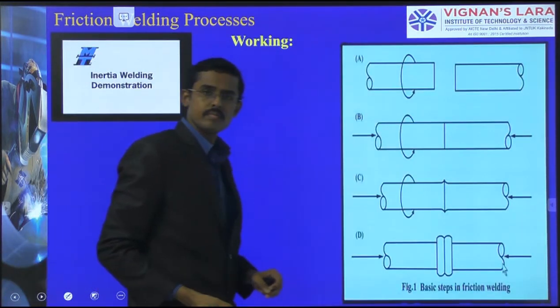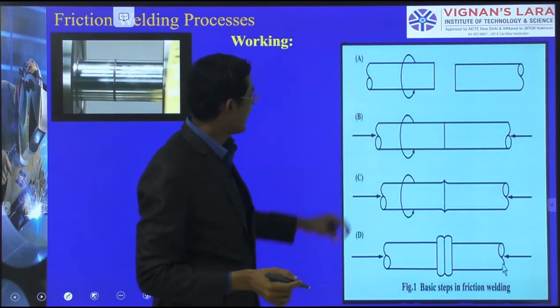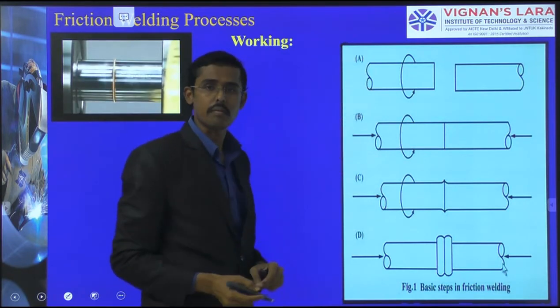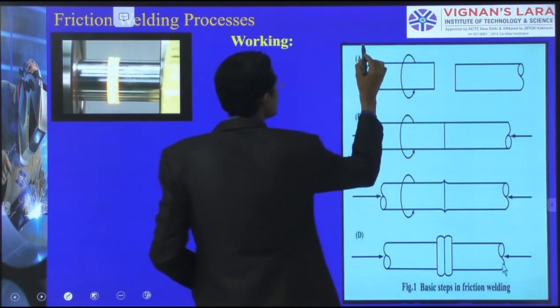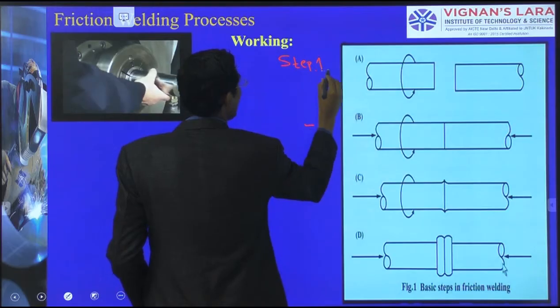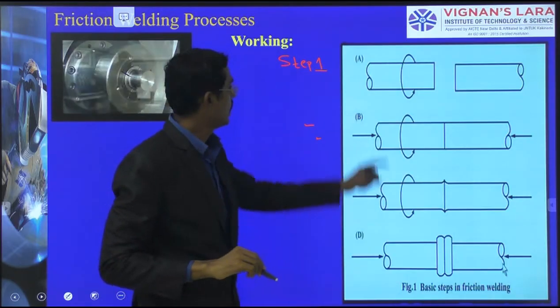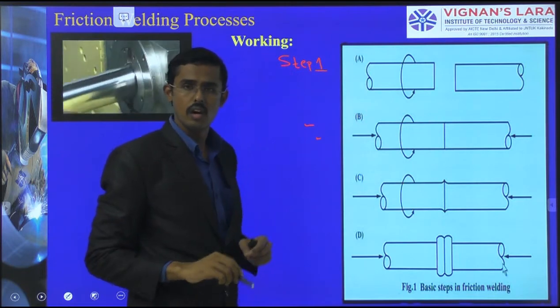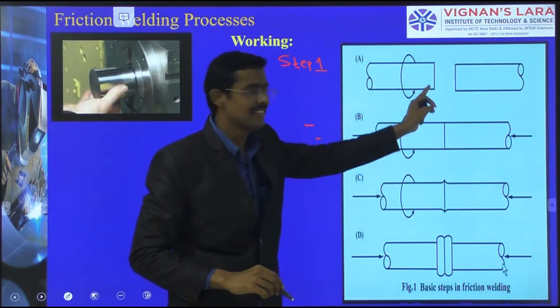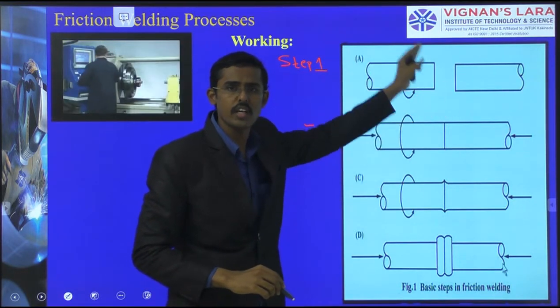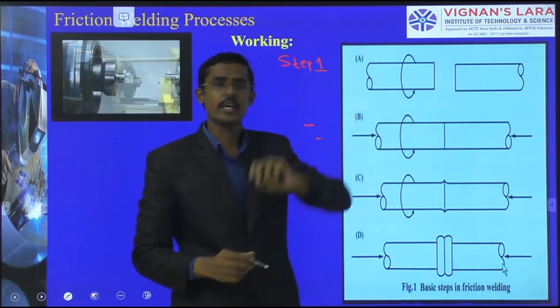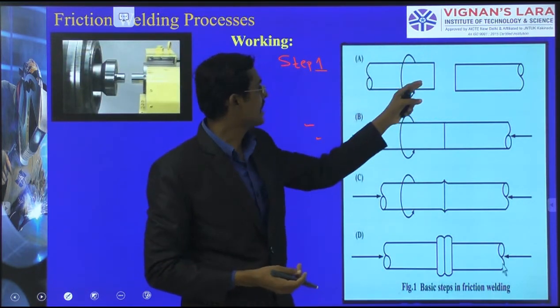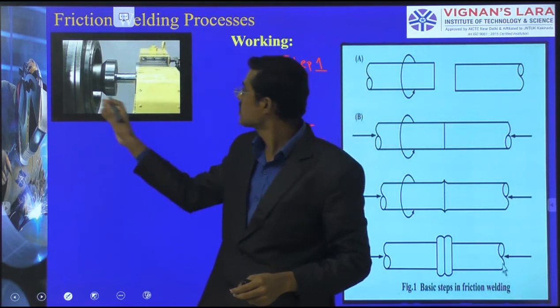The working you should see, I am dividing into 4 steps here. Step 1: I have taken 2 specimens that are cut, smooth, oxidation free, and contamination free. Then I am assembling those in the machine setup.